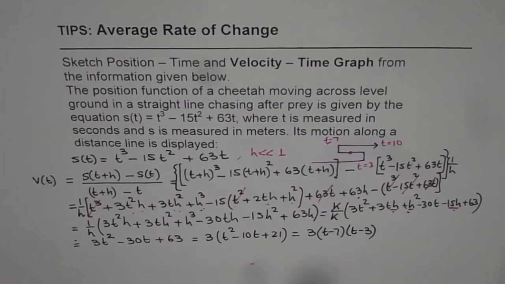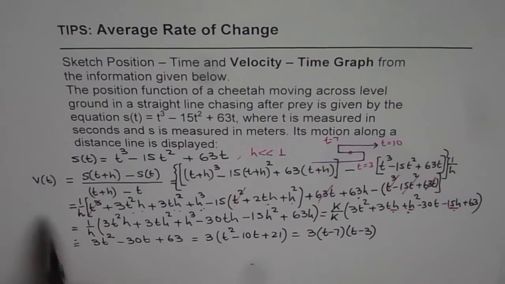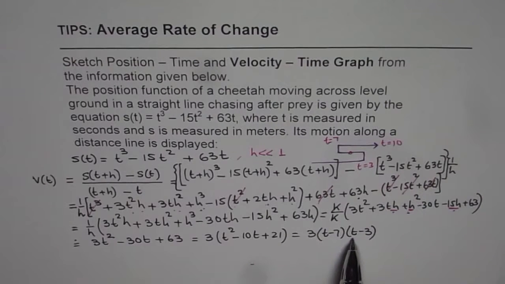This clearly explains the turning points. So the function v of t equals 3 times t minus 7 times t minus 3 indicates that if t is 7 or if t is 3, velocity is 0. So we have a parabola here, which can be drawn very accurately with the help of this given equation.